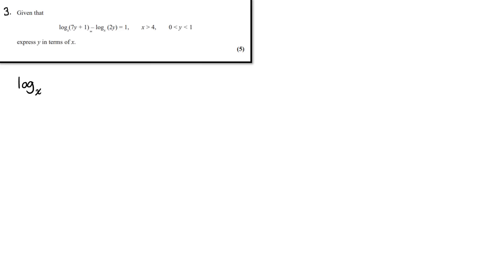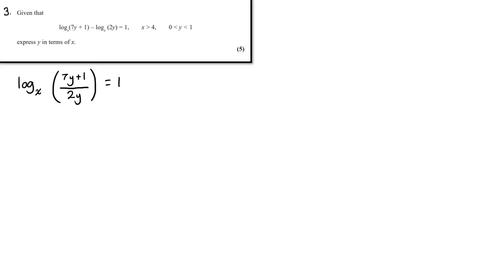And as it's 7y plus 1 minus the 2y, that would be 7y plus 1 as my numerator, and we would divide by the 2y. So 2y is the denominator, and this is all equal to 1 still. All we've done here is take the left-hand side and express it as a single logarithm.